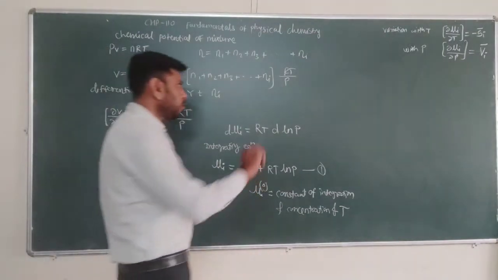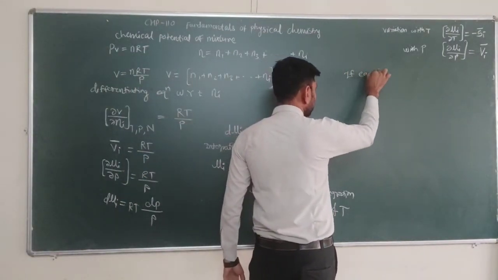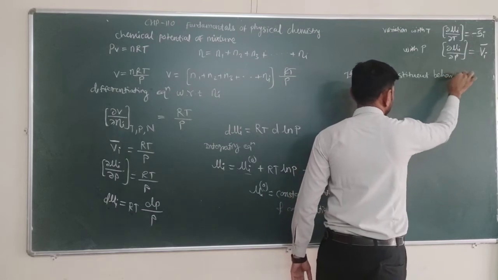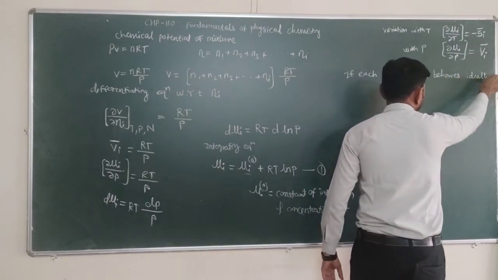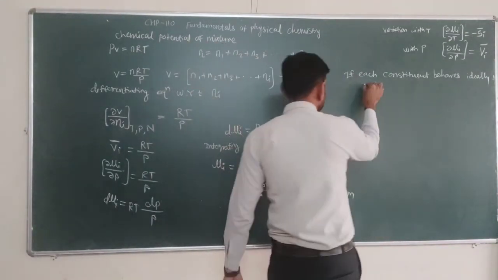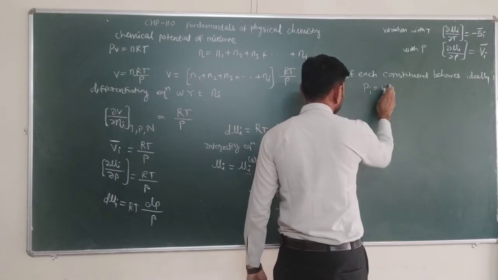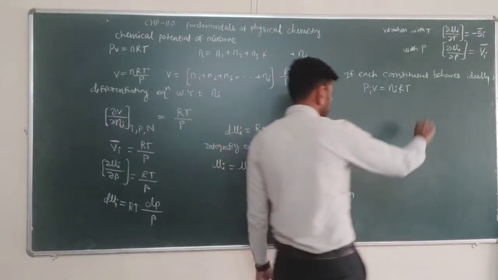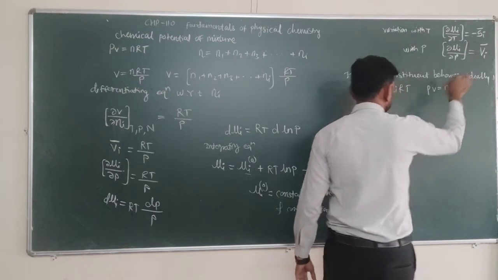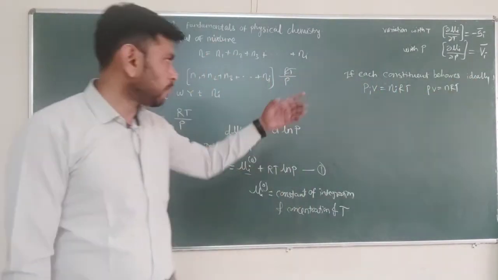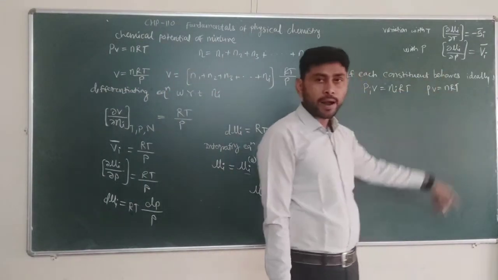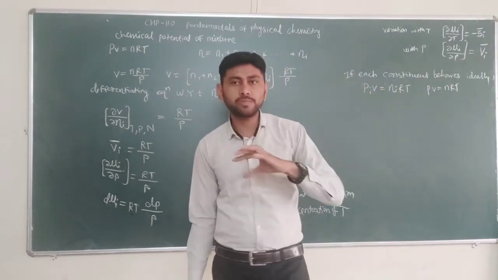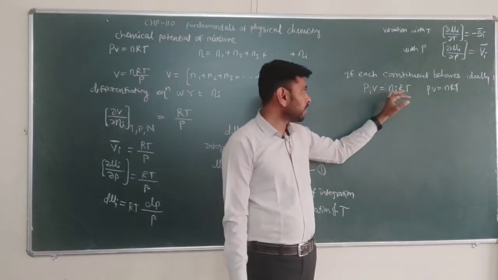Now if each constituent behaves ideally, then according to the ideal gas equation, for PV equal to nRT, we can write PiV equal to NiRT.